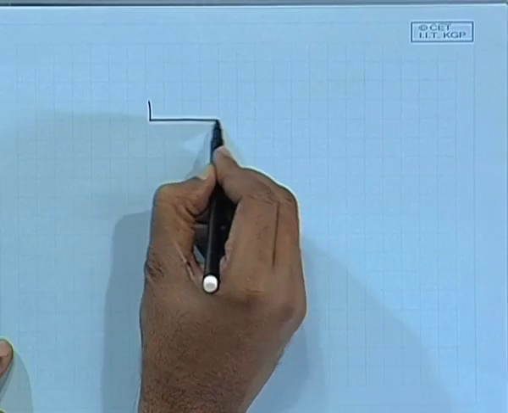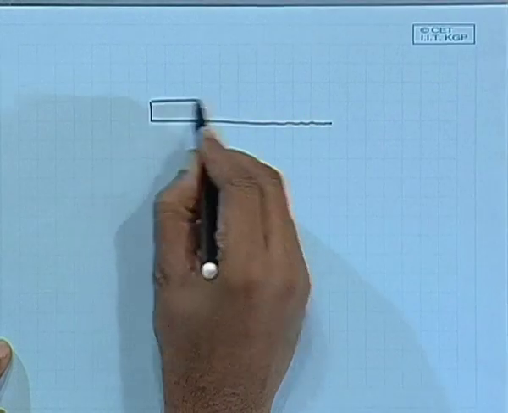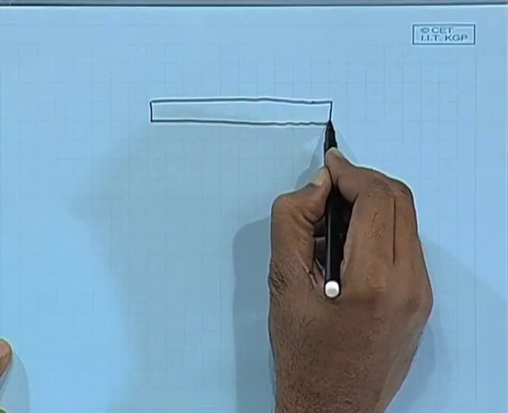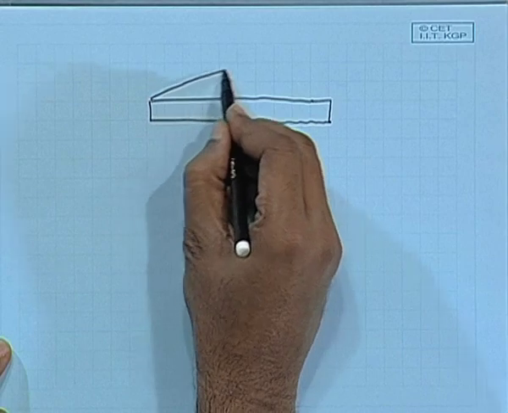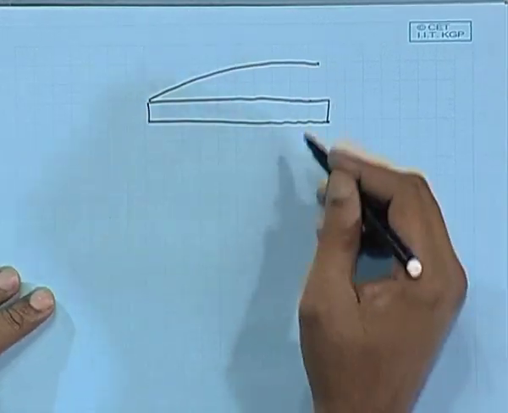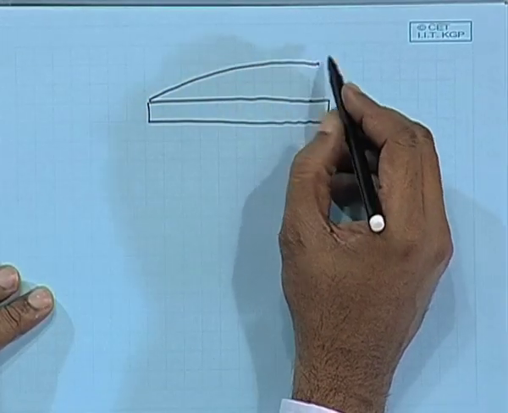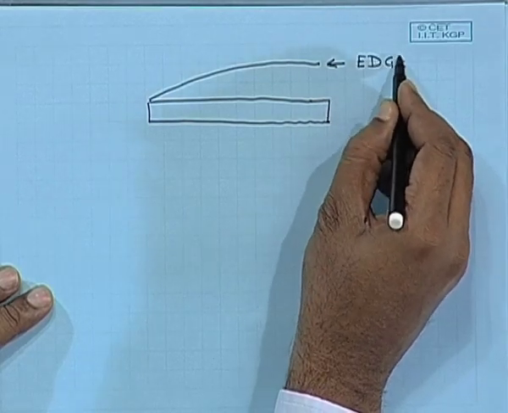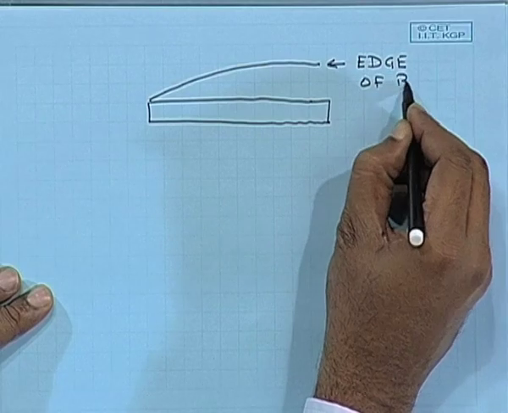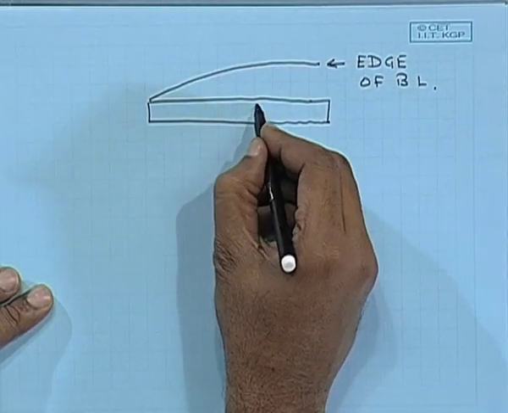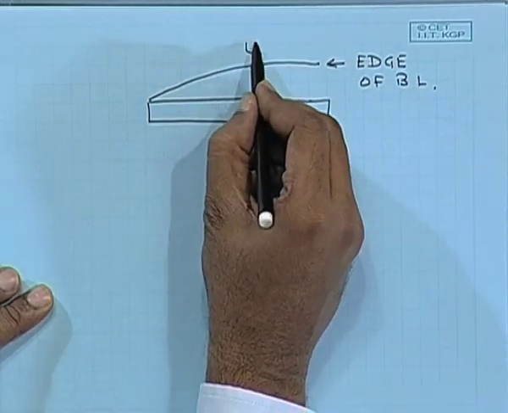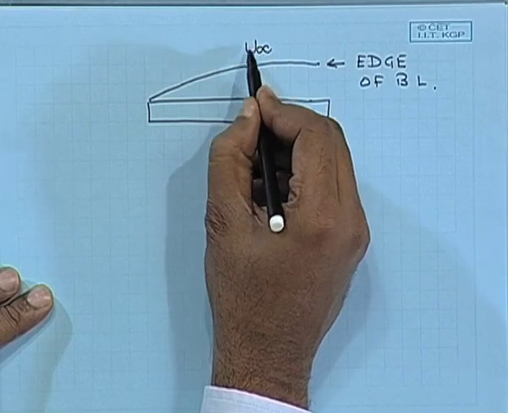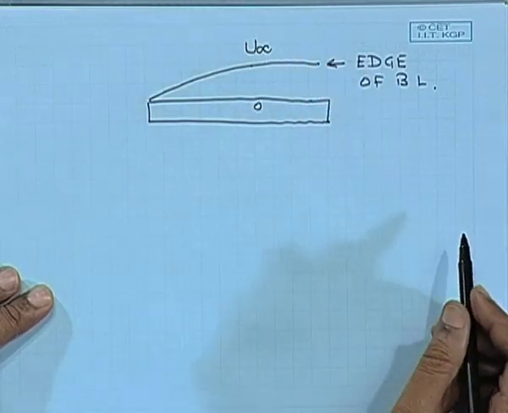For a flat plate, with which we are going to be concerned most in our course, I am drawing the edge of the boundary layer. So this is the edge of the boundary layer. Velocity equal to 0 here. The velocity is equal to u infinity at any point and beyond.